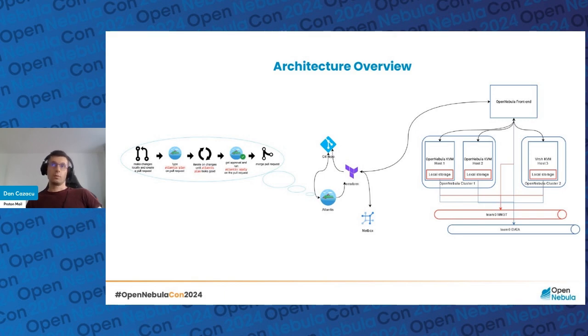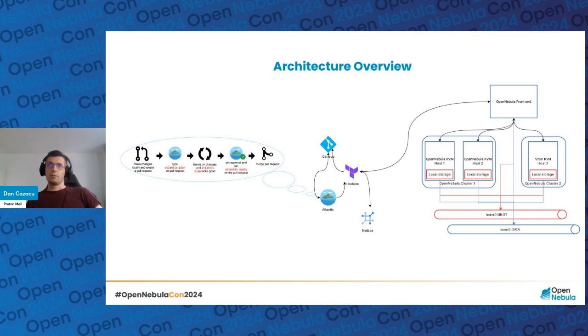It will query Netbox for any available resources, and then it will apply that plan via XML-RPC to your OpenNebula front end. Your OpenNebula front end will deploy a VM to any available clusters or hosts that you have, and you'll have a bunch of VMs, or one VM, depending on how many you define, available in your infrastructure.